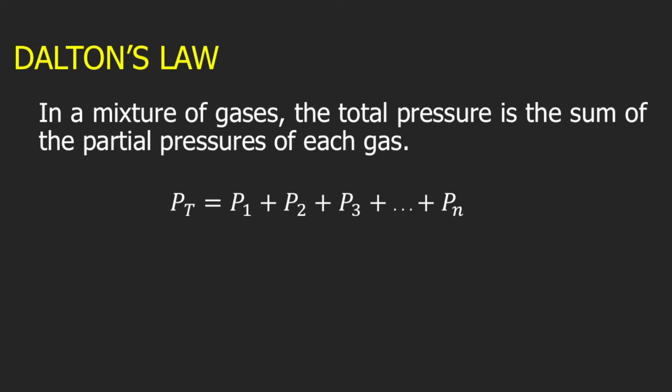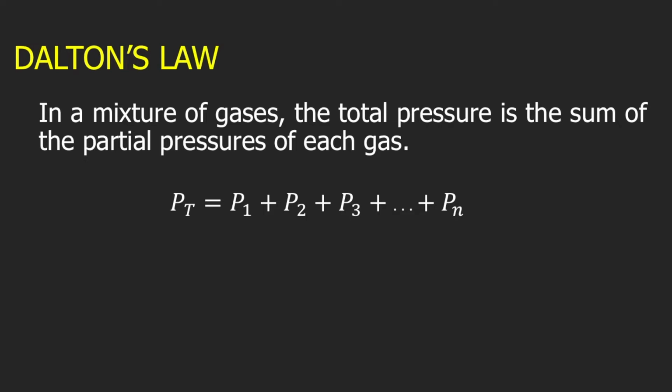Now that you have understood what is partial pressure, let's move on to Dalton's law. Dalton's law is actually a very simple law. It just states that in a mixture of gases, the total pressure is the sum of the partial pressures of each gas.